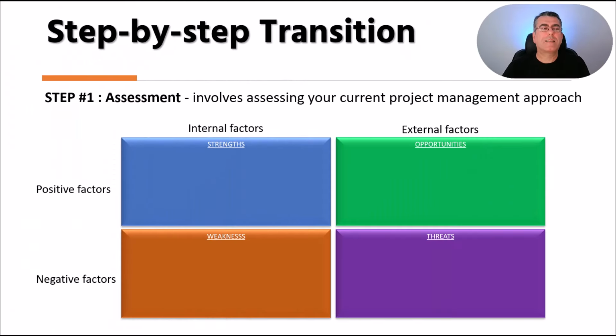The first step, assessment, involves assessing your current project management approach. And you can use a SWOT chart to help you on this. You need to first identify what are the internal and external factors that have a positive and negative impact on your project or your organization. If we talk about internal factors, we're talking about having an experienced and skilled project team. We're talking about using proven project management methodologies.